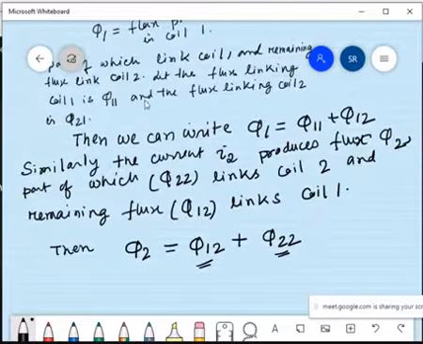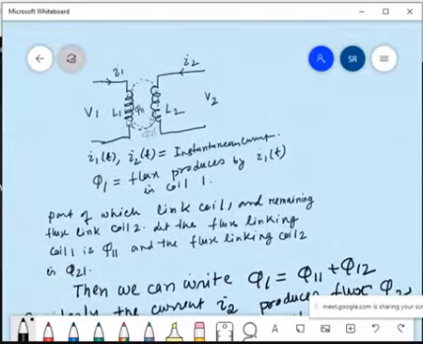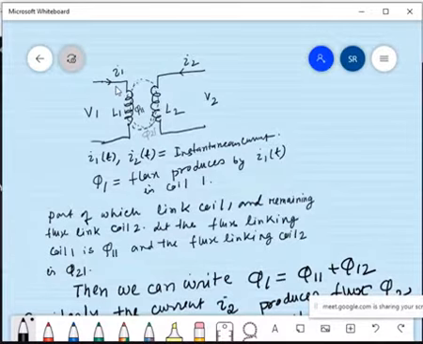So mutual inductance means these two coils are placed very close to each other, and current of coil 1 is affecting the EMF induced in coil 2. Similarly, current in coil 2 is affecting the EMF induced in coil 1.